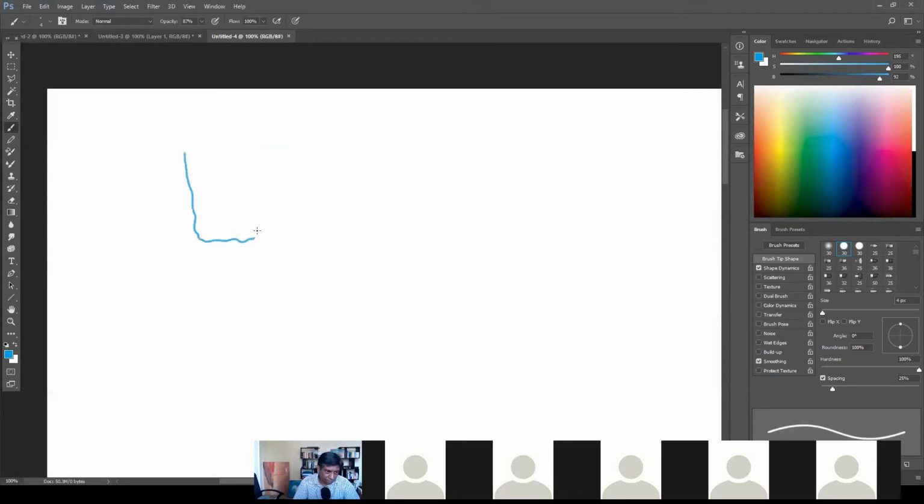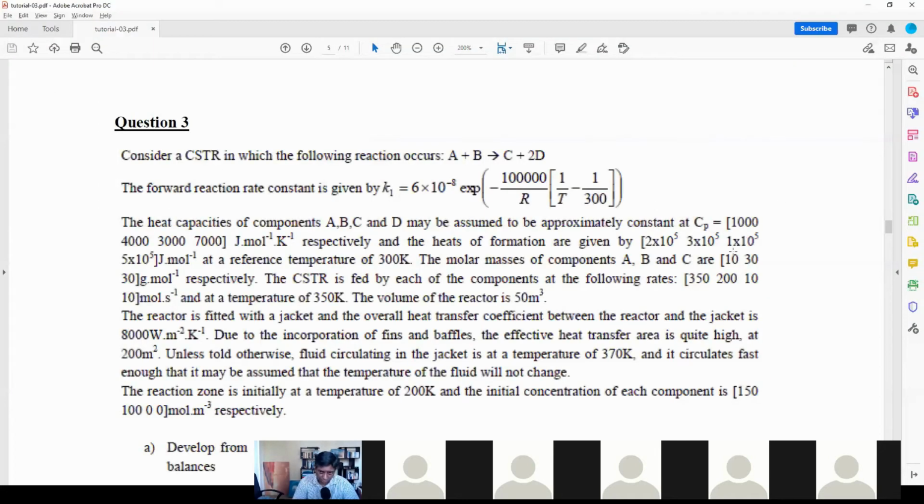So we've got the CSTR, and we've got our little jacket here. And then you've got flow in and flow out. And we are given the inlet amounts. So we are told, and I'll just take the first one.